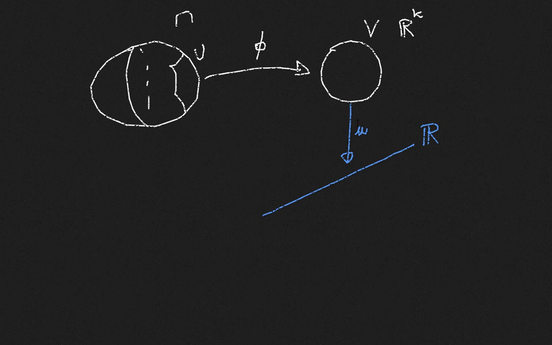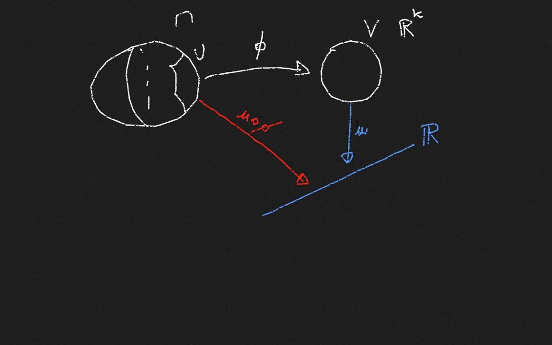We can again compose here and get a smooth map from U to the real line. Now you can just set it to 0 outside some compact set, and you have a function on M.